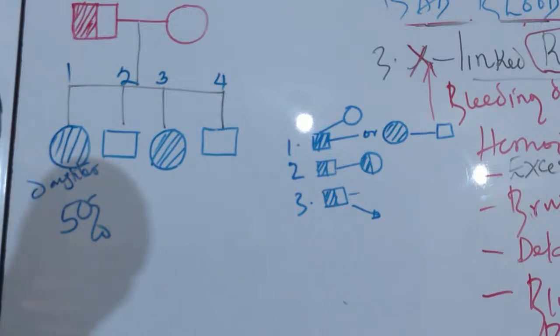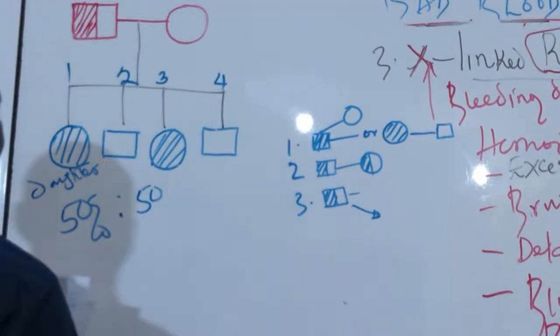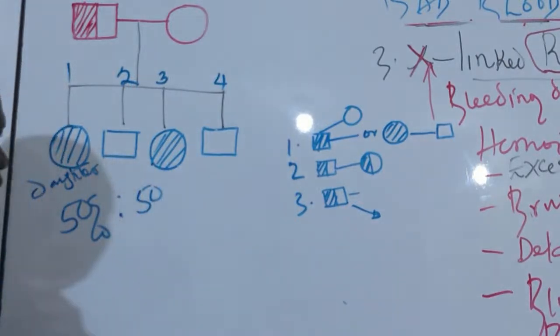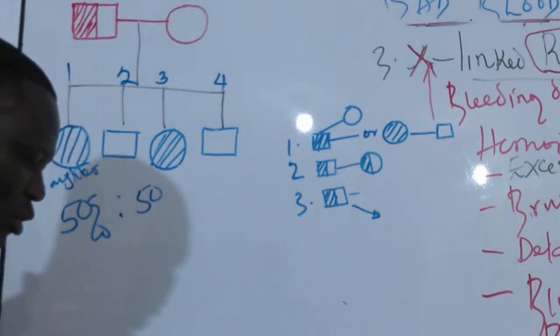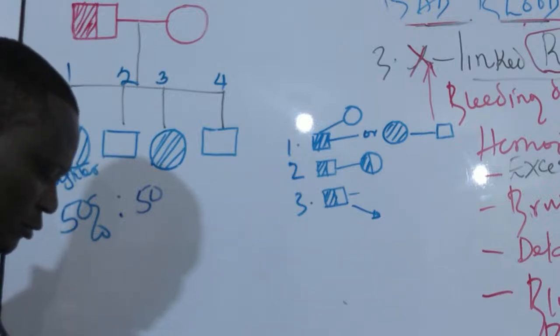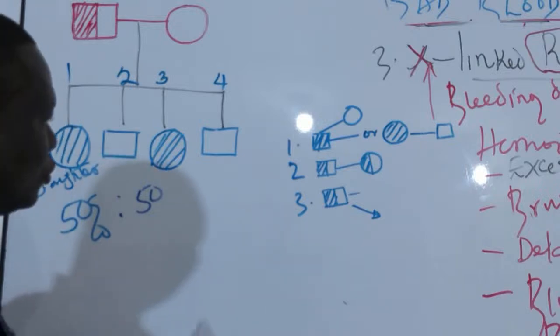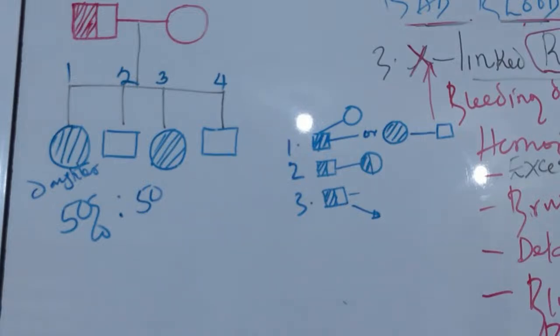So we need to know this, because it is going to be 50%. And I said it is more common in a male to pass it across to the female of that kind of generation. So you need to know that. That is the condition that you see now.